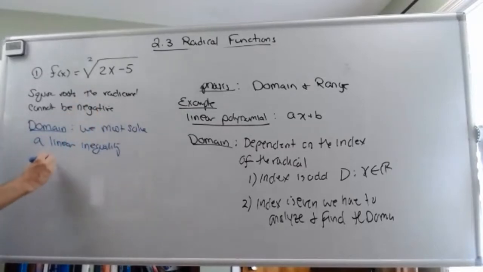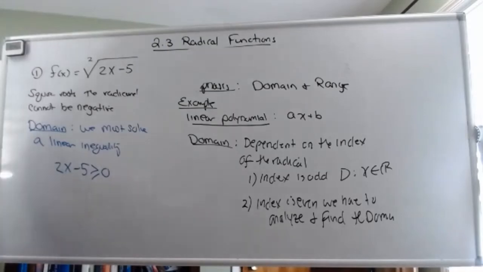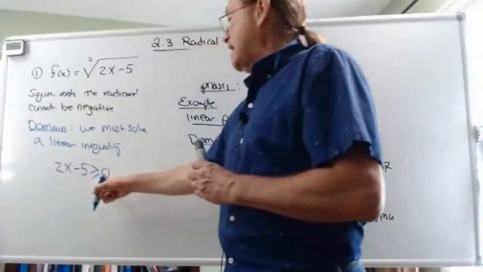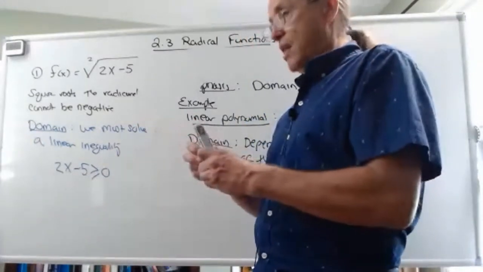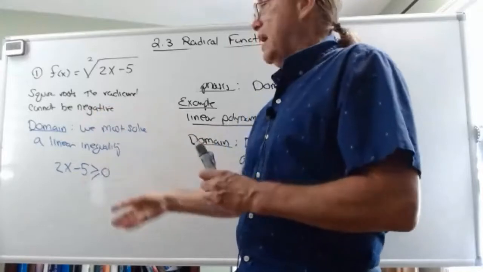So I would say that 2x minus 5, we're looking for when that is either positive or equal to 0. So it's greater than or equal to 0. That's our domain. Any number x that satisfies that will qualify as a number in our domain. If it's negative, it will not.